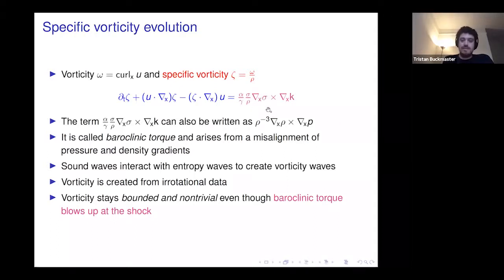Okay, and this is something which will, as you go to the singularity, go to infinity. So it's an additional difficulty to handle. This is like a forcing which will go to infinity, yet the vorticity will remain bounded.